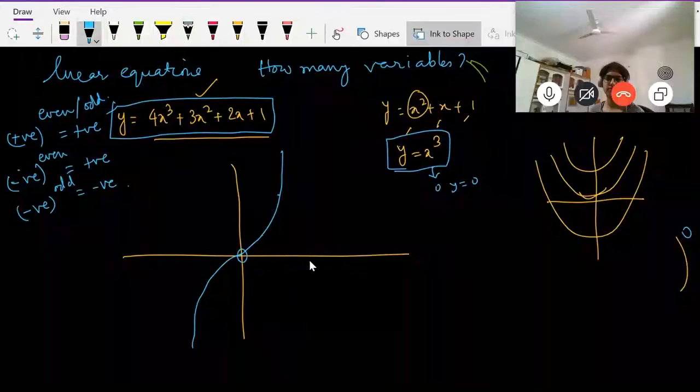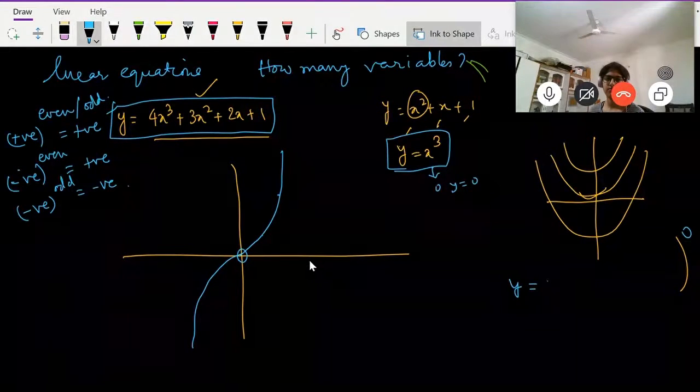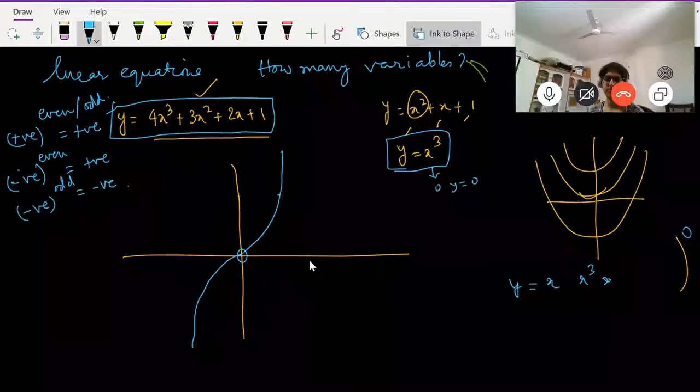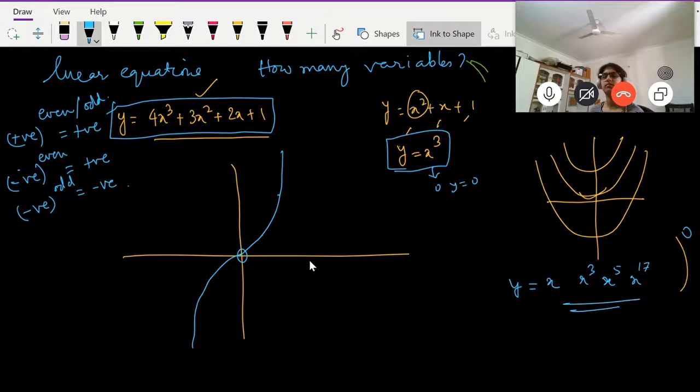So whenever you see an expression of the form y equal to x, or y equal to x cube, or y equal to x5, or y equal to x to the power any odd number, 17, all these will have both positive and negative values, right?